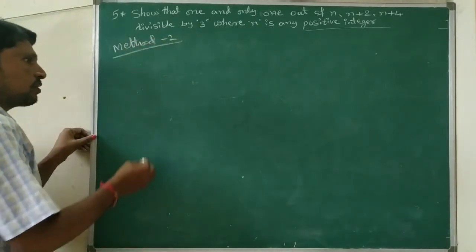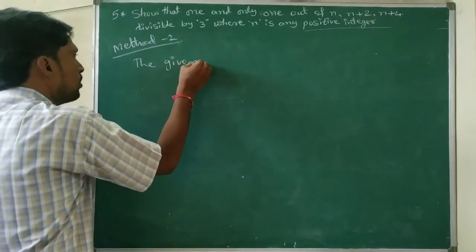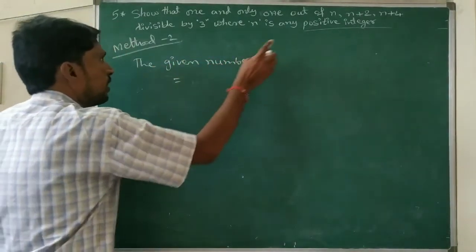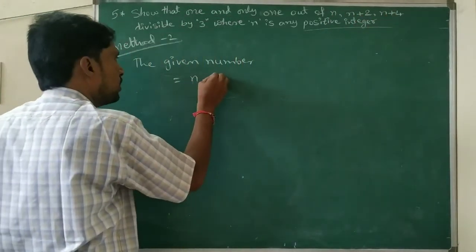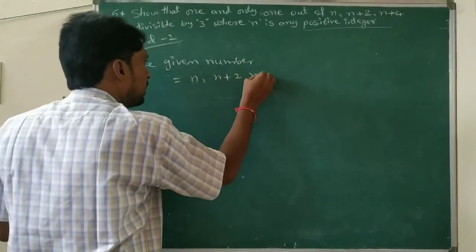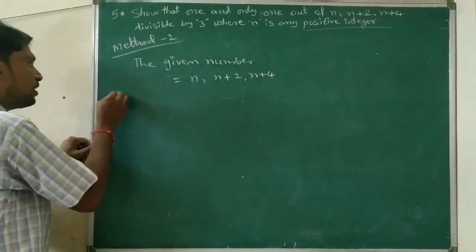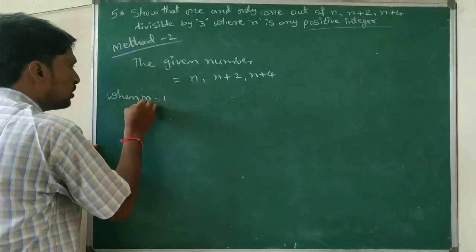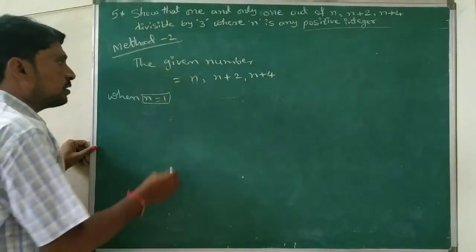So the given numbers: what are the given numbers? n, n plus 2, n plus 4 are given. Now, when n equals 1, instead of n we take 1.